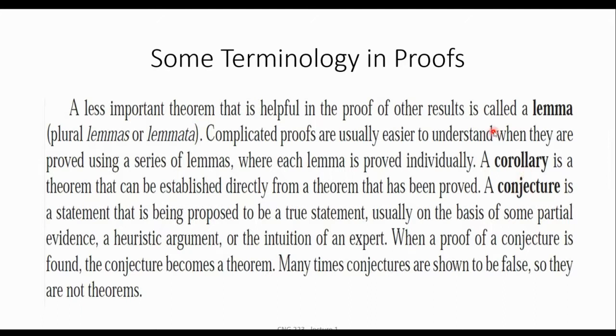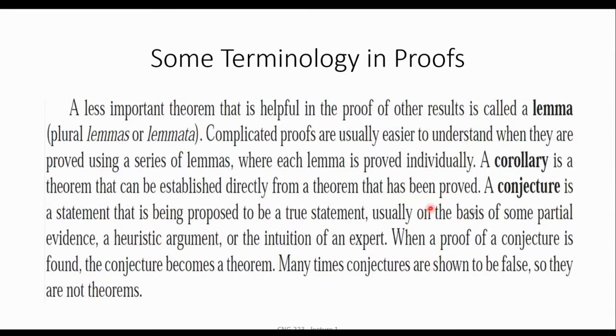And the next terms which we hear a lot are corollary and conjecture. So a corollary is a theorem that can be established directly from a theorem that has been proved. So right after it, there are some results which are different from the conclusion of the theorem, but are a consequence of what happens after it anyway.